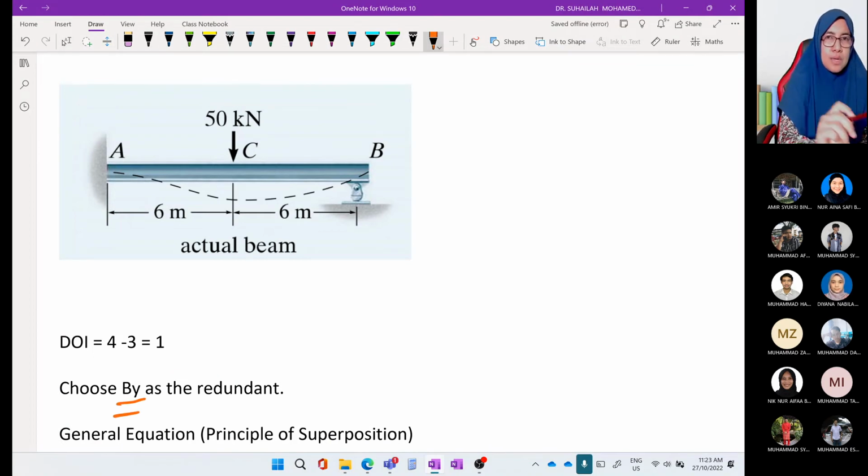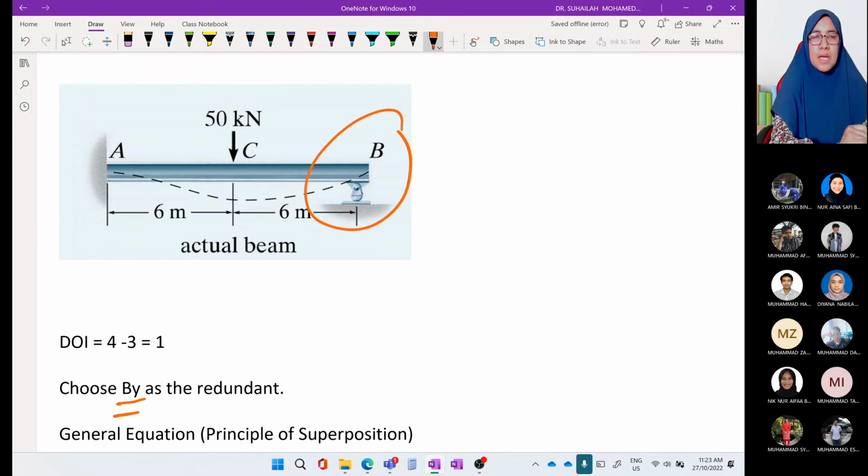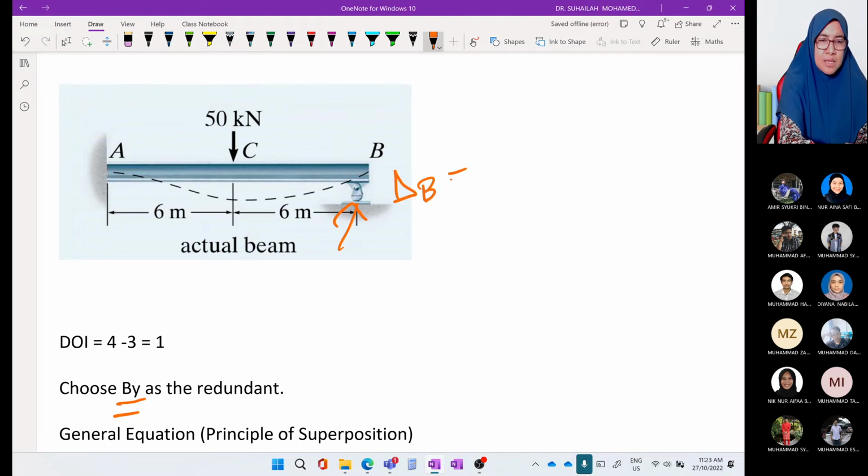So the deflection, we have to look at the B position. And in actual beam, there is a roller here and there is no deflection because of the support. So delta B is equal to 0.